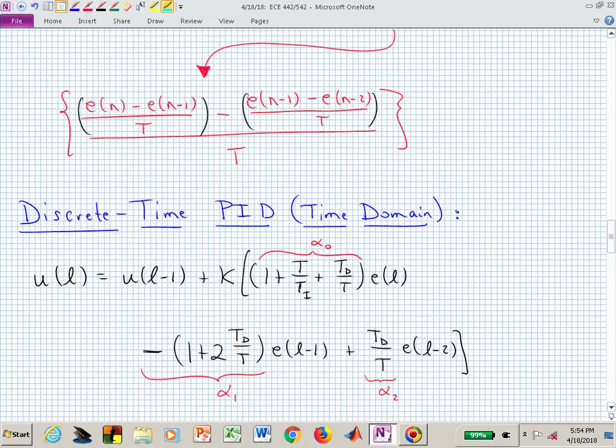And now, instead of getting all bogged down with these big coefficients, I'm just going to collapse them all to an alpha 0, an alpha 1, and an alpha 2, and keep track of it that way.